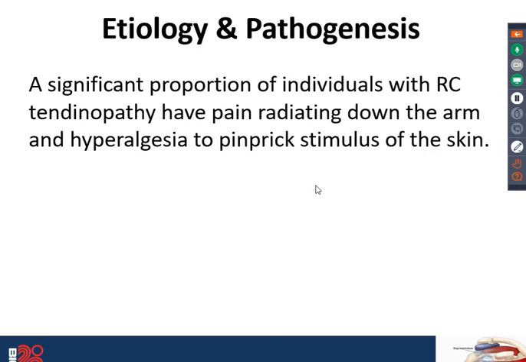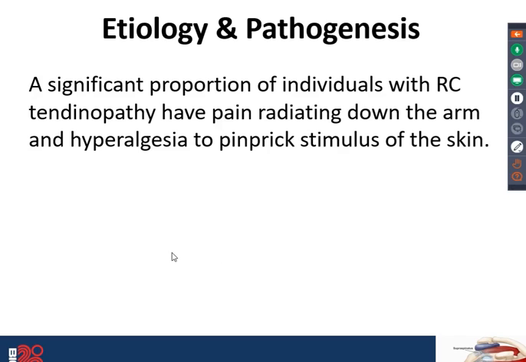There are a significant proportion of individuals with this condition that have pain that radiates down the arm. It may even have hyperalgesia to pinprick stimulus of the skin. So make sure you ask about radiating pain. Of course, differential diagnosis would be like a C5 or C6 nerve root impingement, so you need to check out the neck as well.